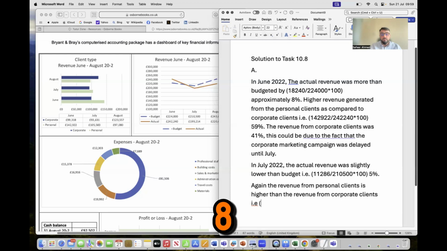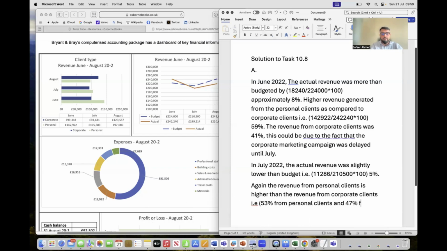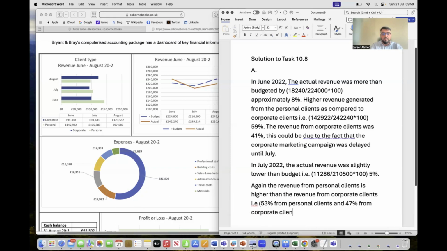So 105,583 divided by the total actual revenue of 199,214 times 100 gives you 53% from personal clients, and of course the remaining 47% from corporate clients.